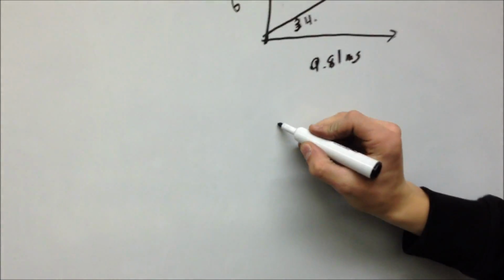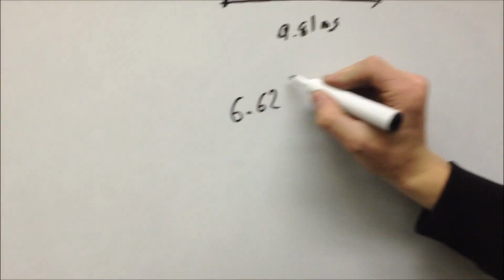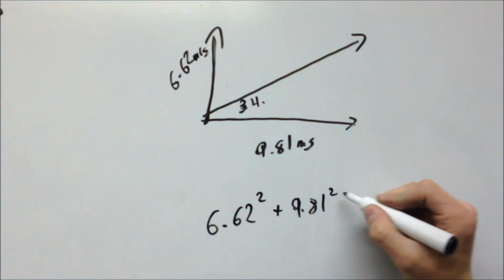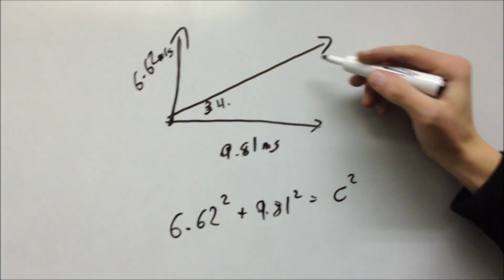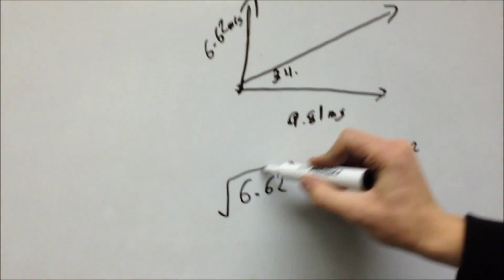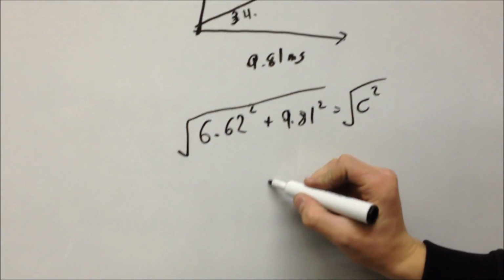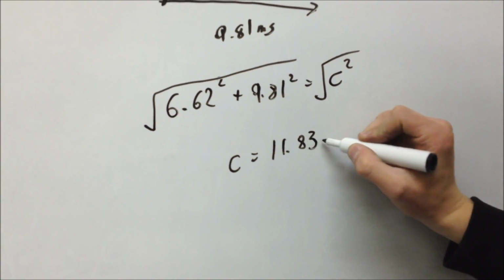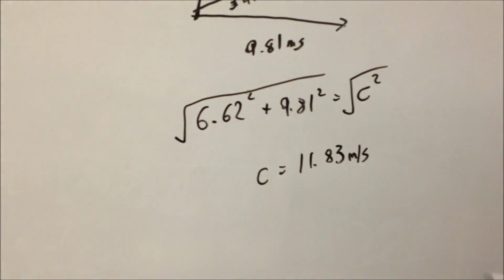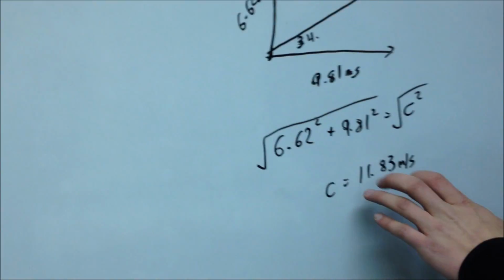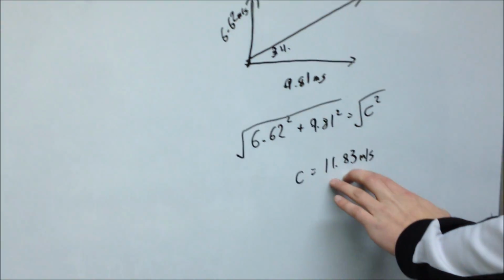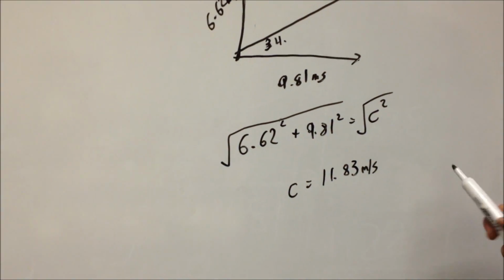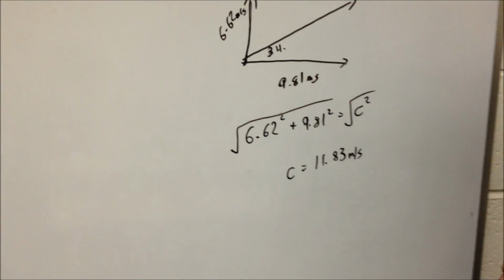Down here, 6.62 squared plus 9.81 squared is going to be equal to that c squared right there. If we take the square root of both sides, we're going to get a c that is going to equal 11.83 meters per second. So, in other words, we had to stretch our slingshot for it to produce an initial velocity of 11.83 meters per second for our shot to work.